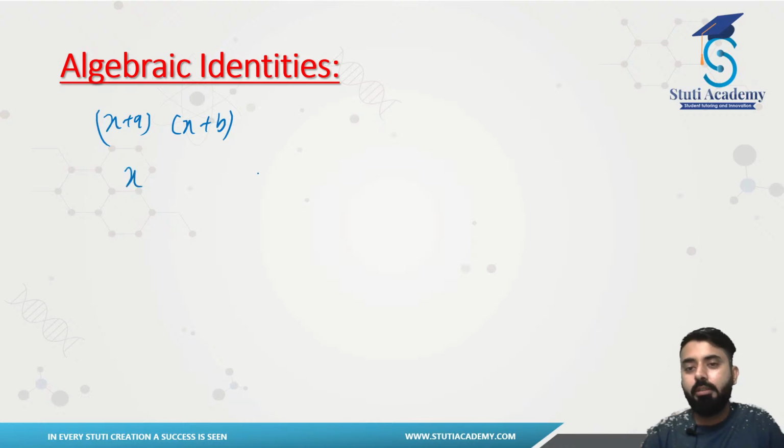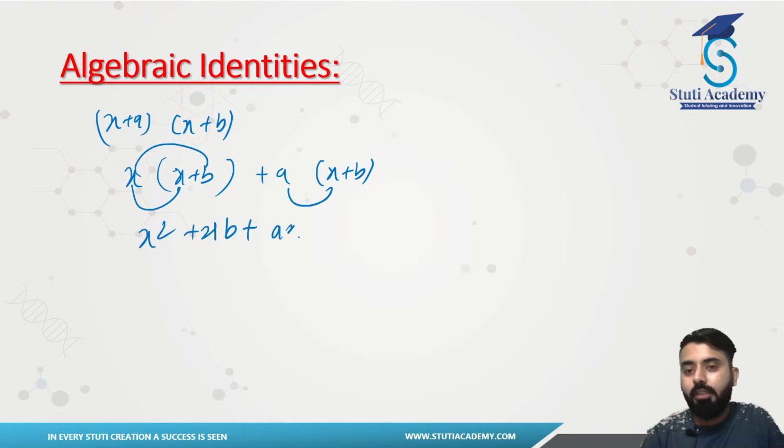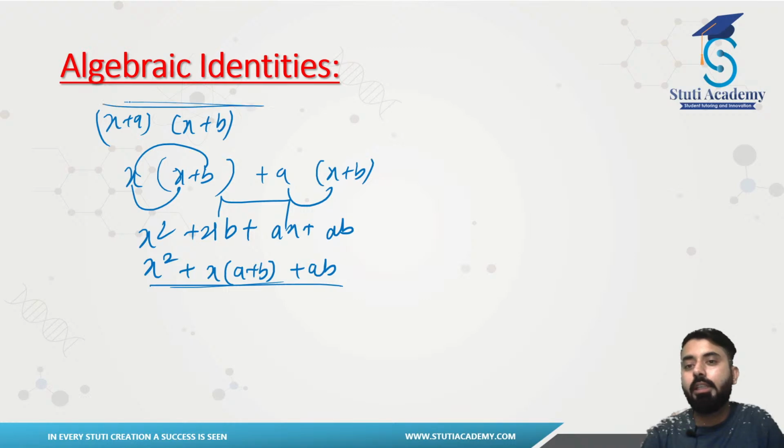Put one term here, another here, put another bracket with that one, x plus b, multiply these two: x into x, x square, x into b, xb, a into x, ax, a into b, ab. So you guys see, this will be what? x square. Out of these two, I can take an x common: a plus b times x plus ab. This is also an identity. And every other identity that you are going to get from now on will be based on this common multiplication of two binomials, or even you will be having more than two binomials here.